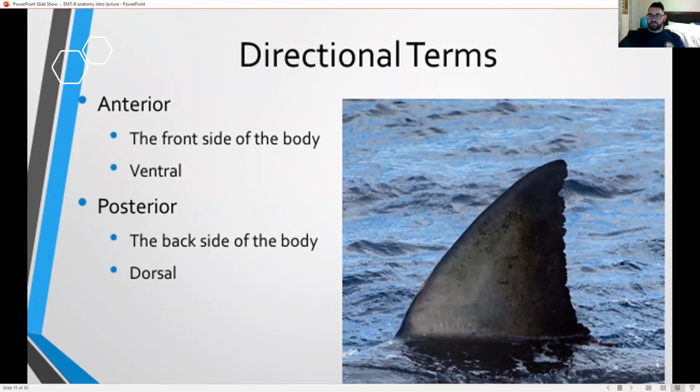If I'm gonna kick you in your posterior if you don't pass my EMT exam, I'm gonna kick you in the back. Posterior also means dorsal. The way I remember that is the dorsal fin of a shark. It's on his back. So dorsal and posterior both mean back, and anterior and ventral both mean front. Knowing how to say front and back in medical directional terms is very important.